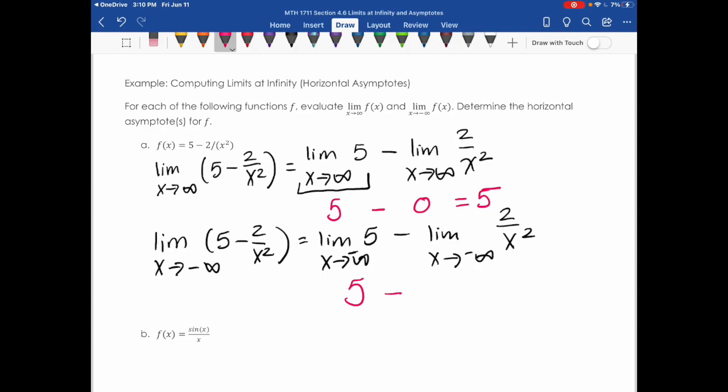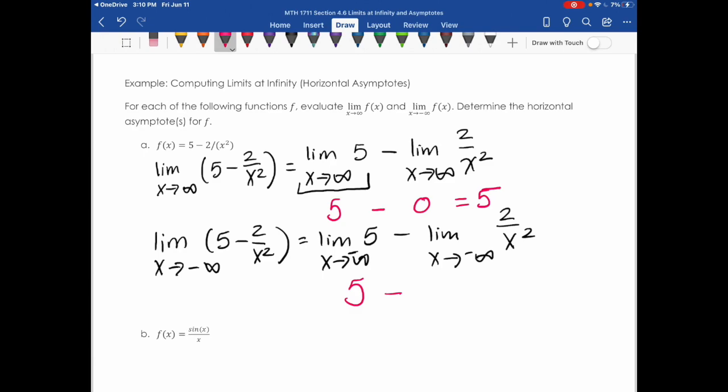The limit of 5 as x approaches negative infinity is still 5. Now the limit as x approaches negative infinity of 2 over x squared is going to be the same thing. If you're plugging in values that are really, really big, but negative, into that x, when you square it, it's going to be positive.